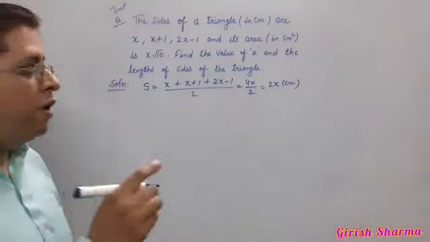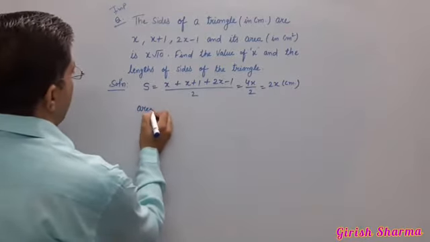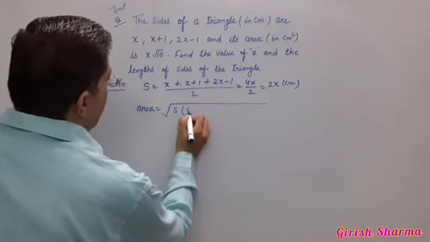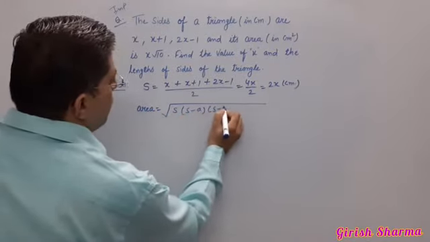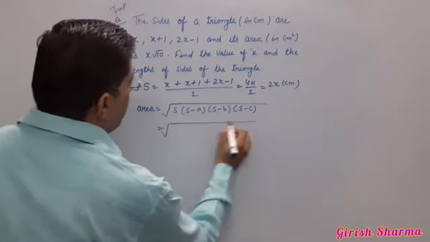Now what is the area? Just see how we can get it. Under root S into S minus a, S minus b, S minus c. What is S?